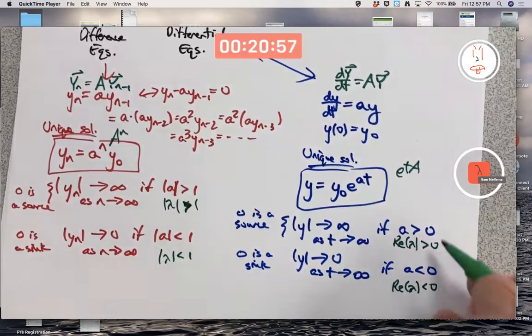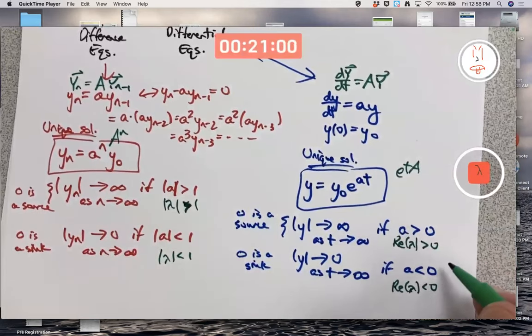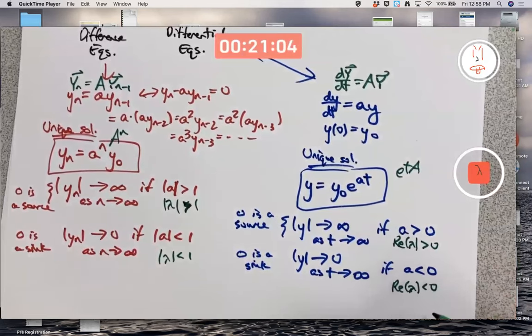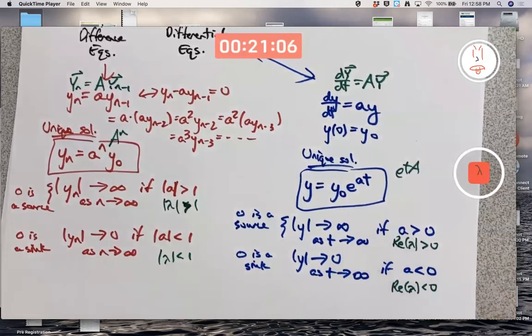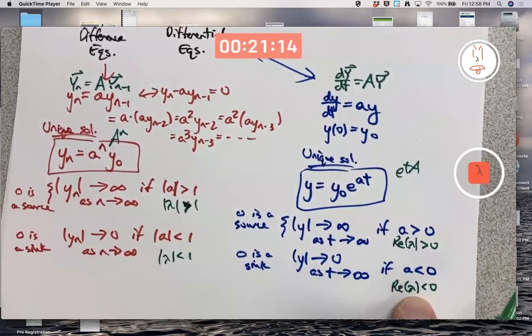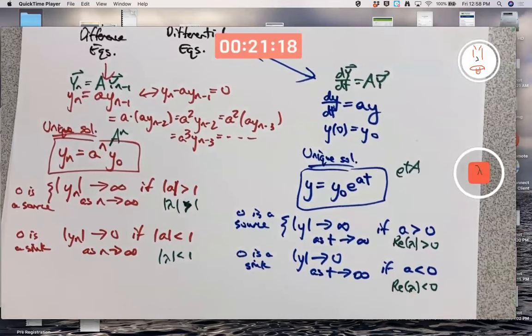If there's a mixture, some of the eigenvalues have positive real part, some have negative real part, if they're all real, some are positive, some are negative, then the origin is some sort of saddle point. In the boundary case, where here the eigenvalues might have a modulus equal to 1, or here the real part might equal 0, then you might have some sort of center. Certainly in 2 dimensions, you'd have some sort of center going on.